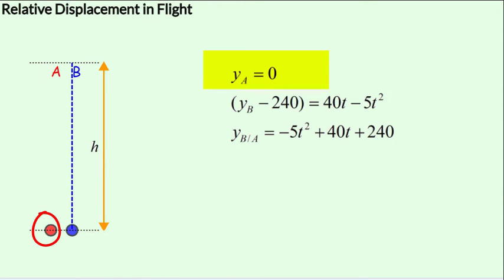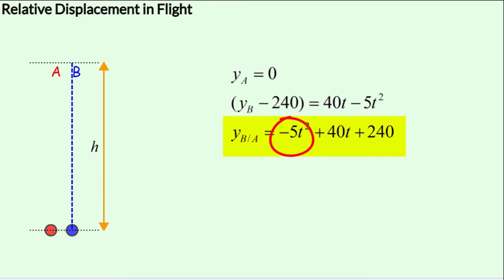And B is in free fall, so we will have a negative acceleration of minus g or minus 10. The relative displacement yb with respect to A, or yb minus ya, is in a quadratic form, and the coefficient of minus 5 before the t squared term tells us that the graph will not be a straight line, but some curve which will be a concave curve downwards.